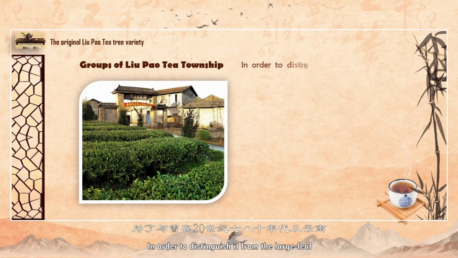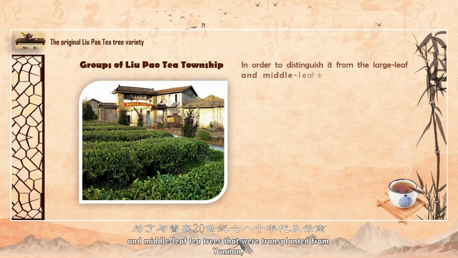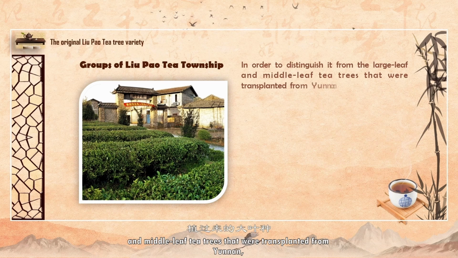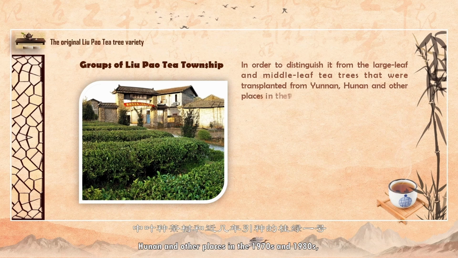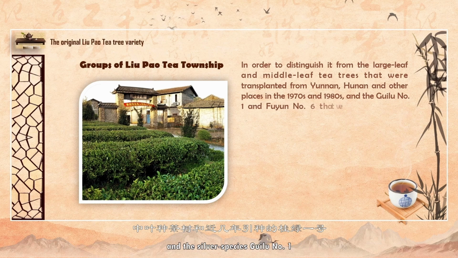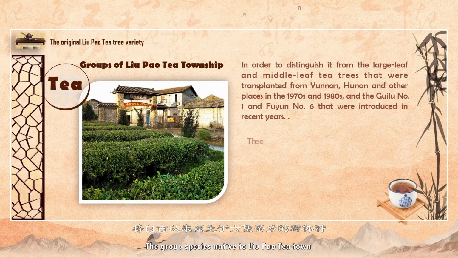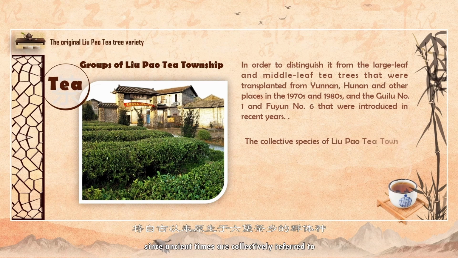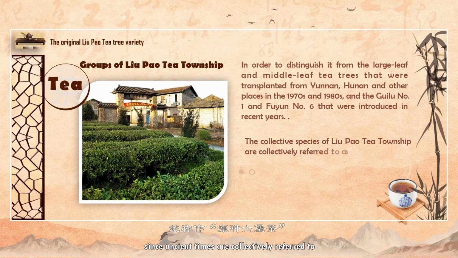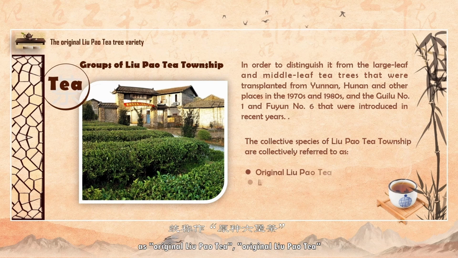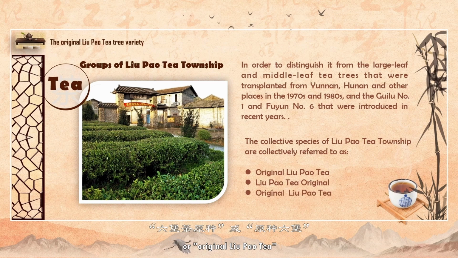To distinguish it from the large-leaf and middle-leaf tea trees transplanted from Yunnan, Hunan and other places in the 1970s and 1980s, and the silver species Guilu No. 1 and Fuyun No. 6 in recent years, the group species native to Liu Bao tea town are, since ancient times, collectively referred to as original Liu Bao tea.